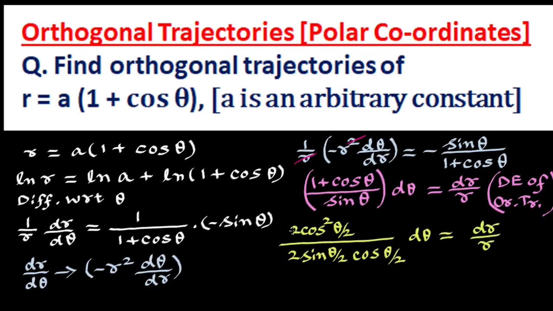Next, we cancel these 2 and 1 cos theta by 2 and integrate, which is integration of cos theta by 2 upon sin theta by 2.